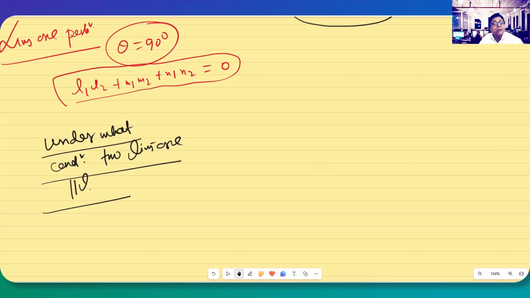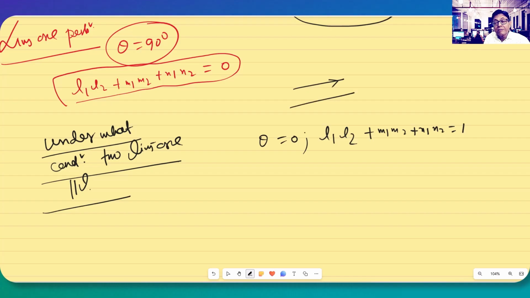Under what condition they are parallel? Parallel means theta equal to 0. You will say that it is L1 L2 plus M1 M2 plus N1 N2 equal to 1. If they are parallel lines or vectors, then theta is 0. So cos 0 is 1. So L1 L2, M1 M2, N1 N2 equal to 1.